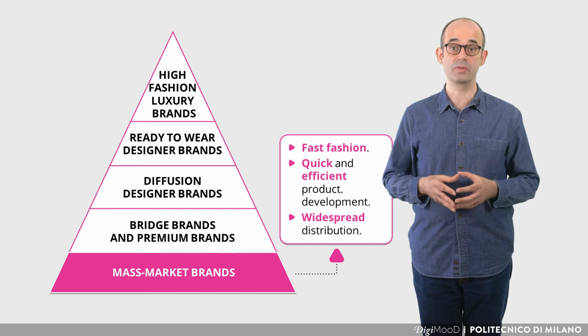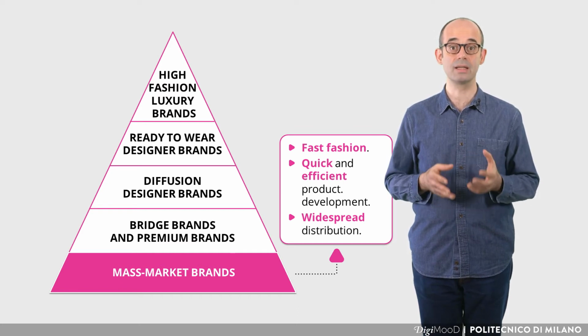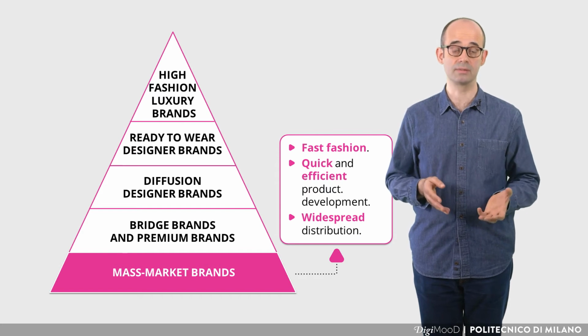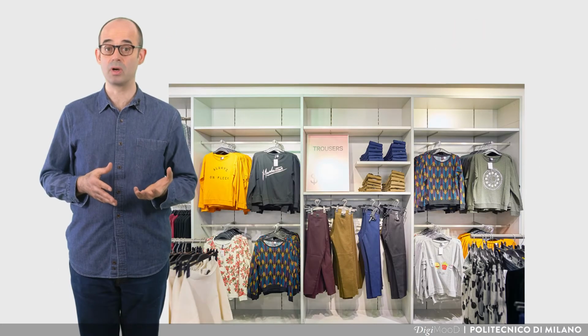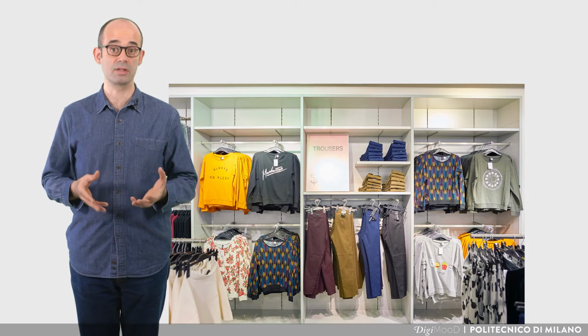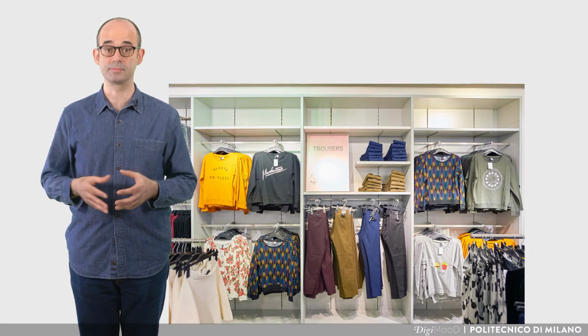Another feature of the brands in this segment is the attention paid to identifying the latest trends in fashion and style. To this type of companies correspond brands such as H&M and Zara.